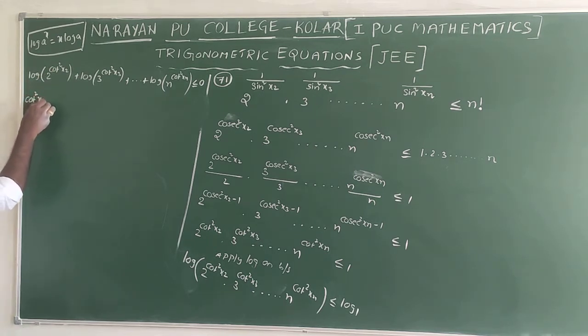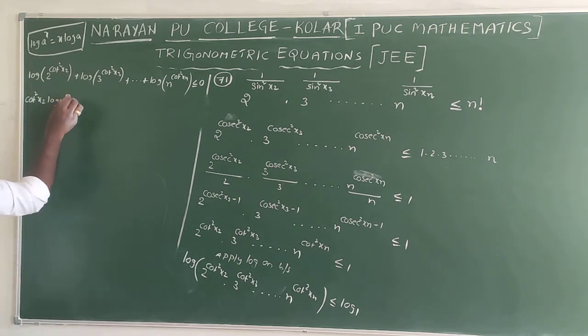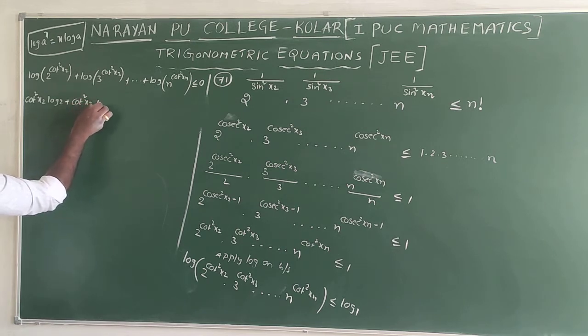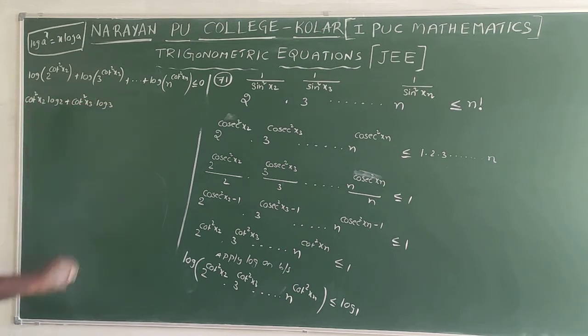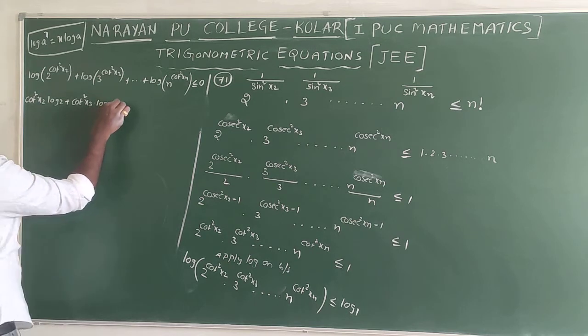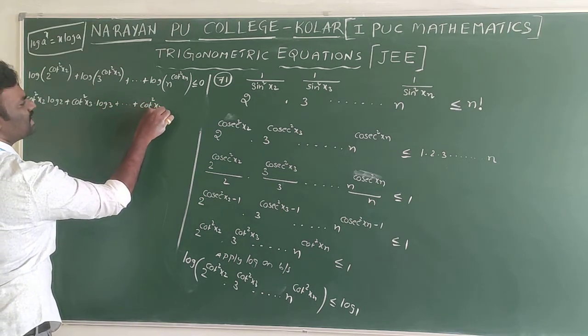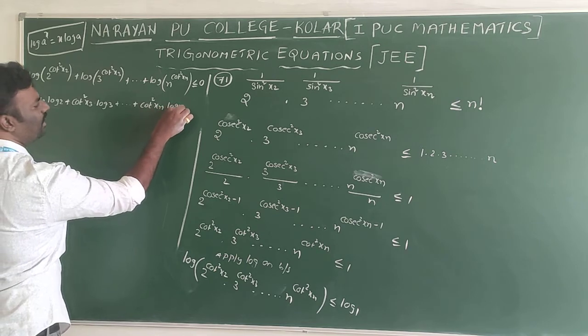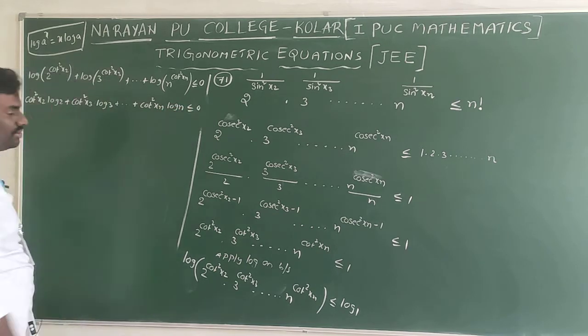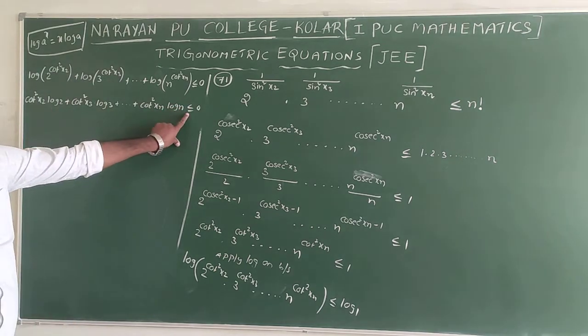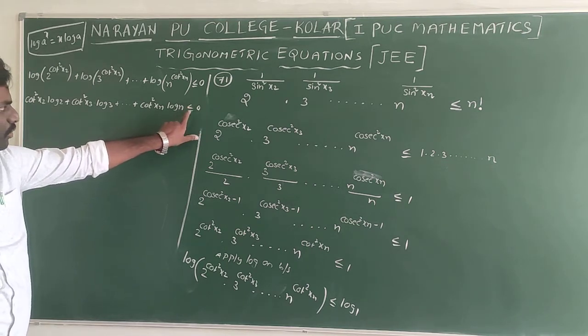Cot square x2 log 2 plus cot square x3 log 3 plus, and so on, cot square xn log n is less than or equal to 0. See here it satisfies two conditions: one is less than, one is equal to.